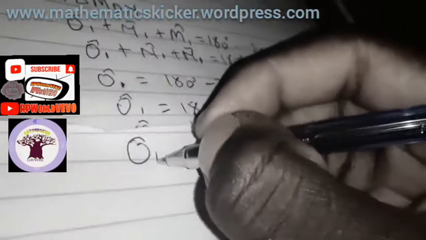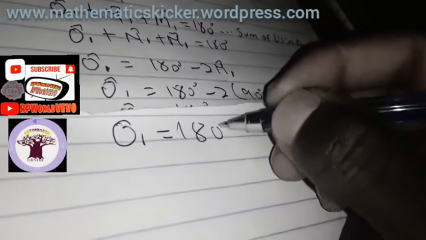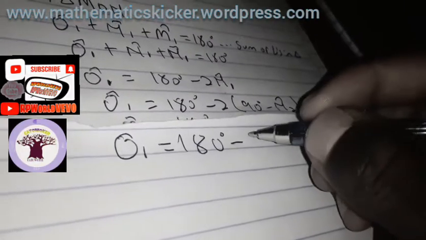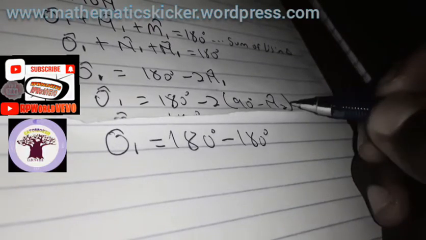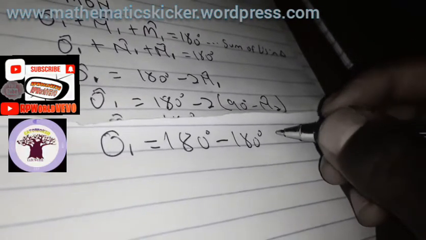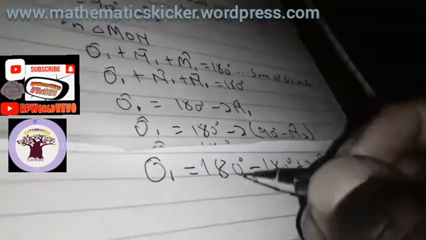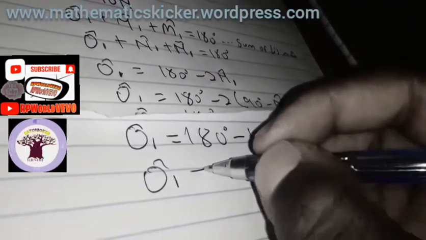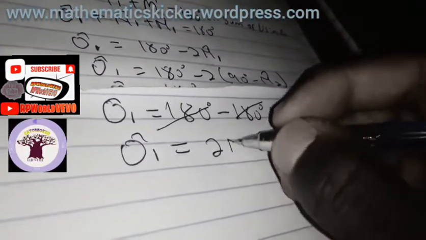Then angle O1 is equal to 180 degrees minus 2 times 90 degrees, which is 180 degrees, and negative 2 times negative angle N2 is plus 2 angle N2. This cancels this one, and we're left with 2 angle N2.